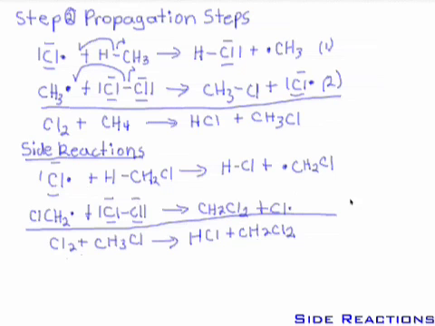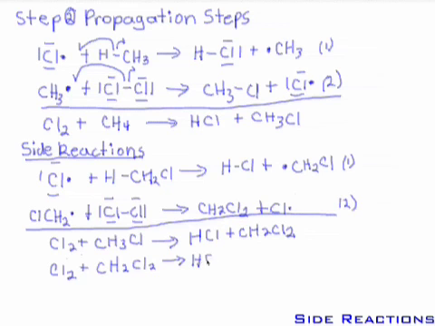Now I'm not going to draw both steps of the propagation steps again for the next side reactions. I'm going to just write the summary reaction. But Cl2 could begin attacking CH2Cl2. You would just change the propagation steps as necessary.